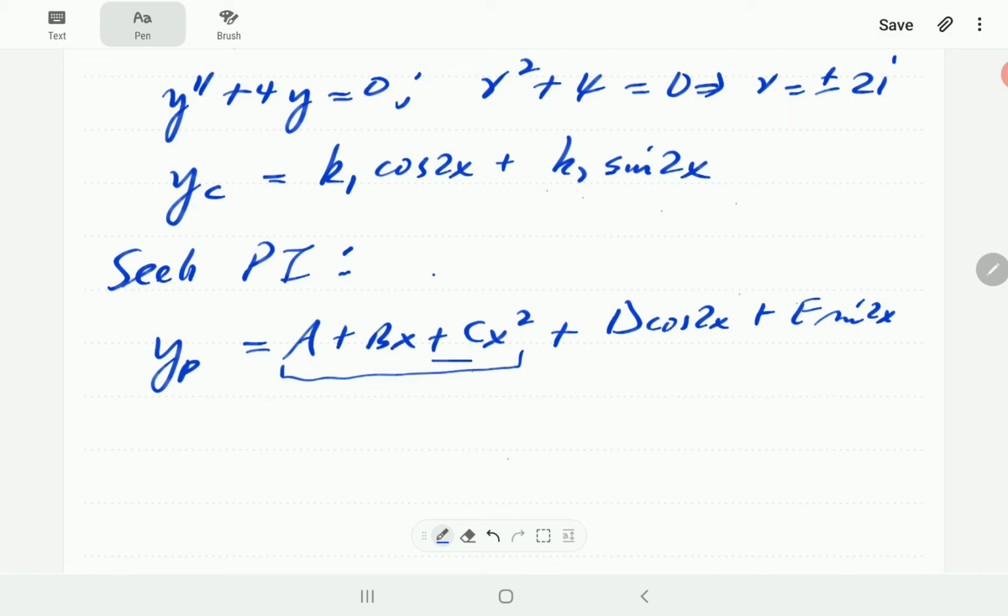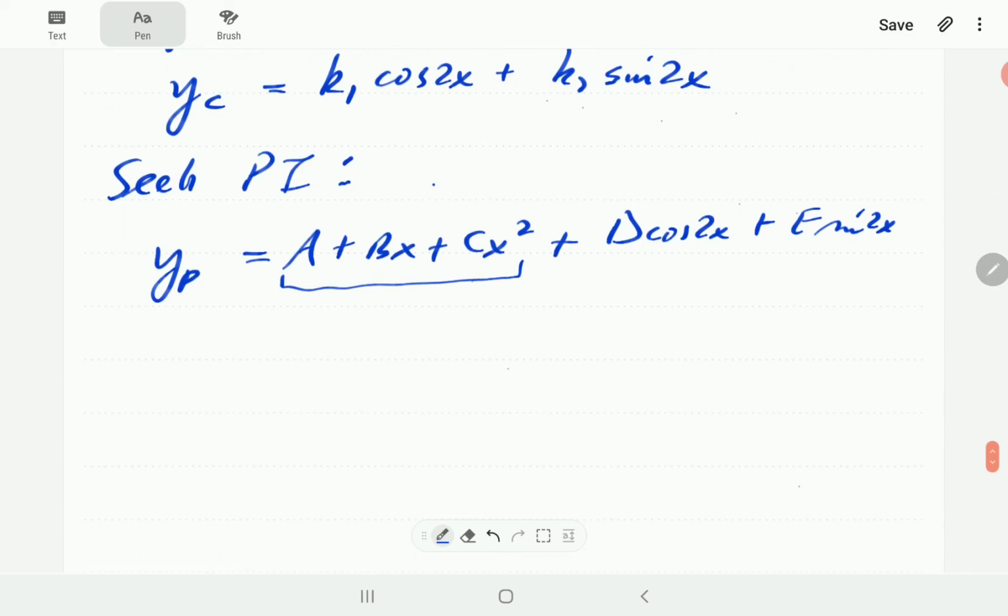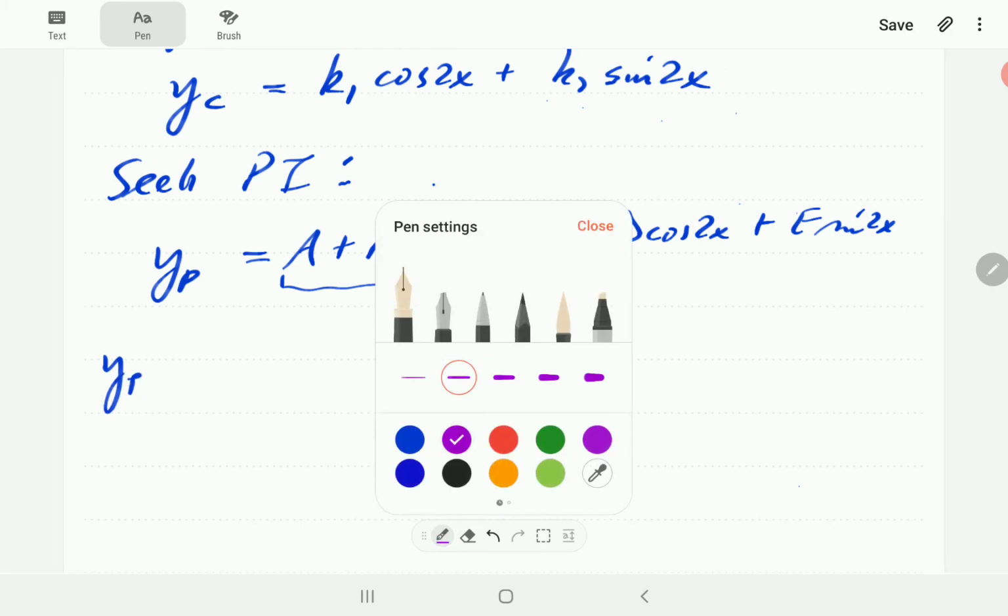Now, comparing this with yc, we see that these last two terms are exactly the same form as yc. So that means we're going to have to multiply these ones by x, just this term, not this one, because there is nothing here which is similar to that. So that means we're going to have to modify our yp.